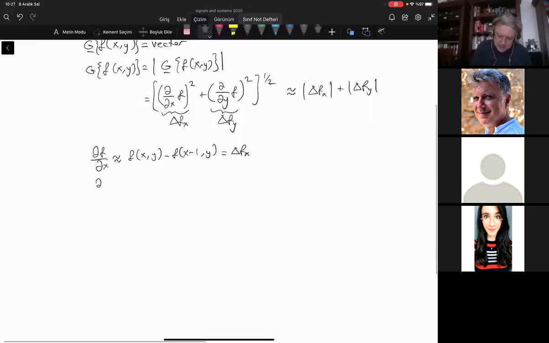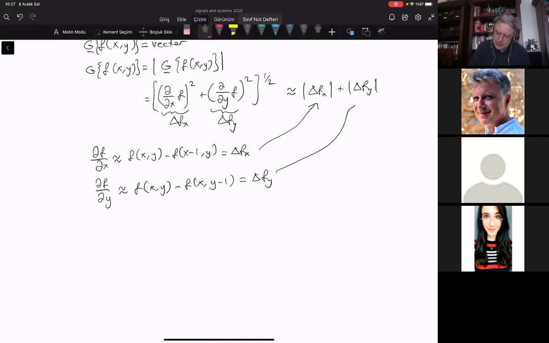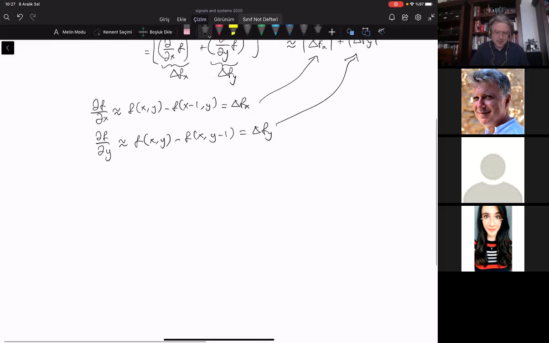And similarly, delta f by del y is approximately equal to f(x,y) minus f(x,y minus 1). It's again a first difference. And I'm putting these into these equations. So it's an approximation within another approximation within another approximation, etc.